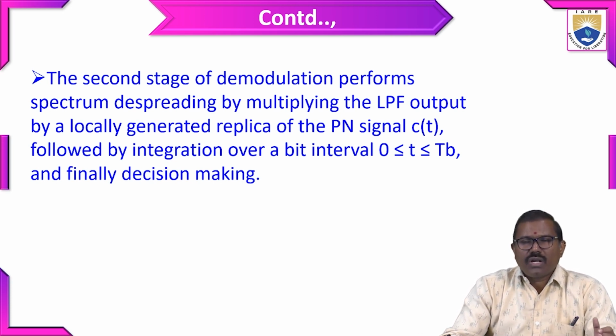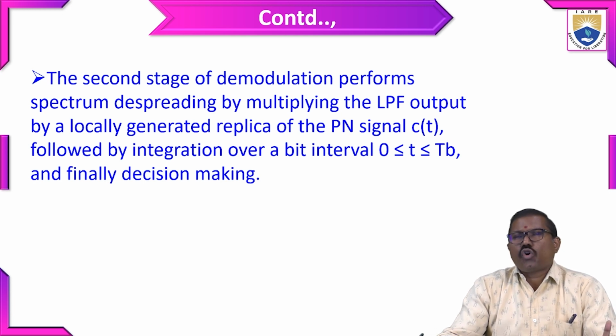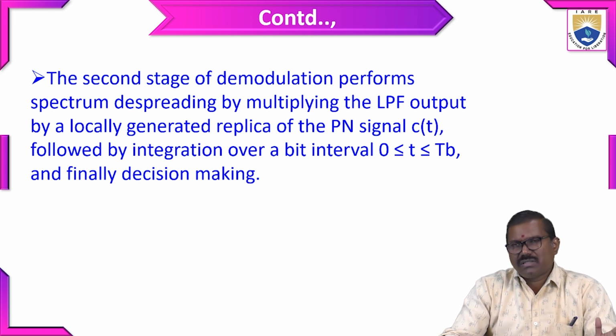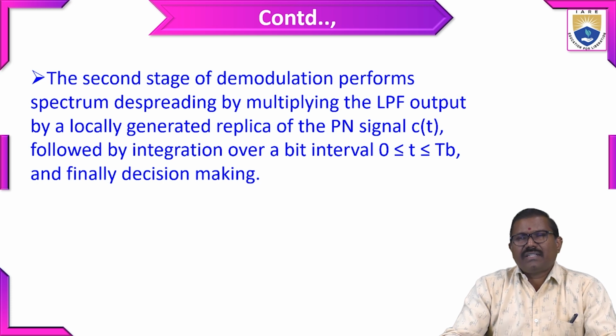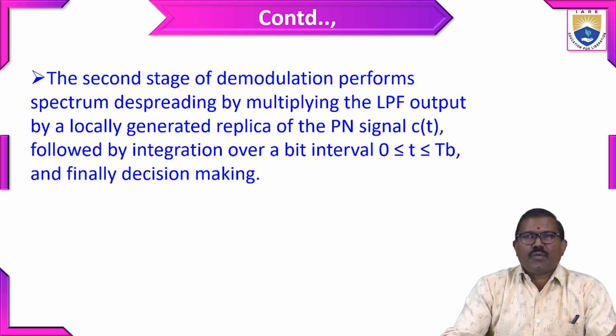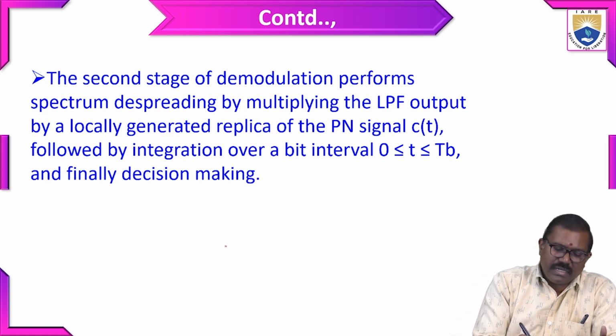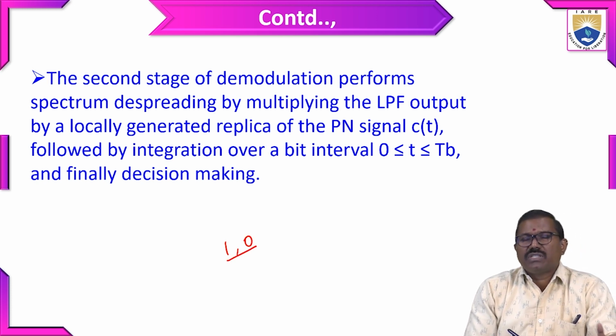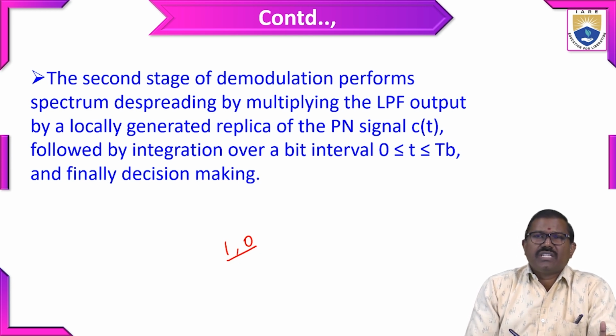So what is done in the transmitter, the reverse operation is done at the receiver. In the transmitter, one time I use the carrier and another time I use the pseudo noise sequence, so double modulation is done. The receiver does the same operation: first the PSK is removed, then the PN sequence is also removed, and finally we reproduce symbol 1 and symbol 0 using decision making.